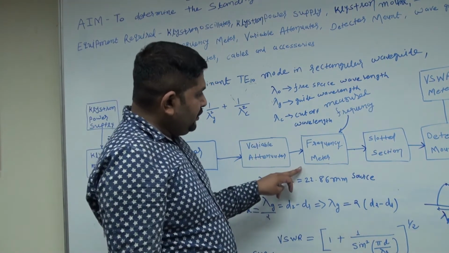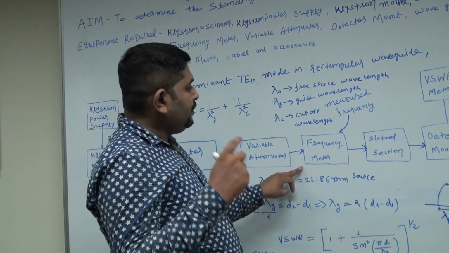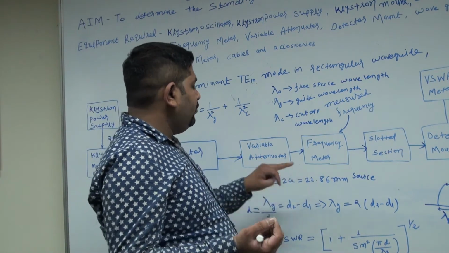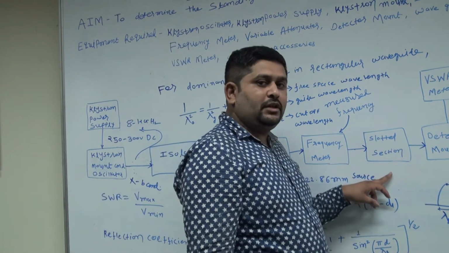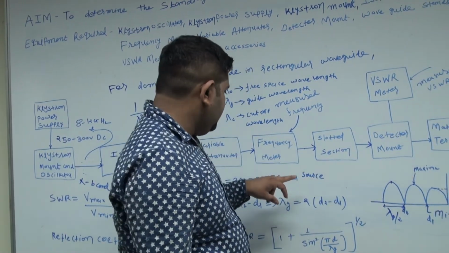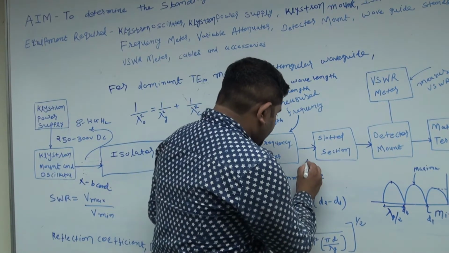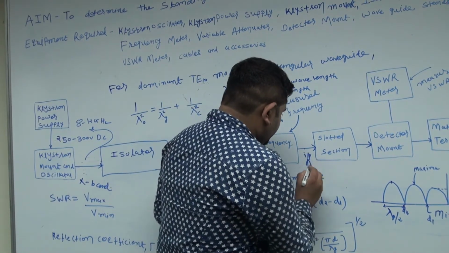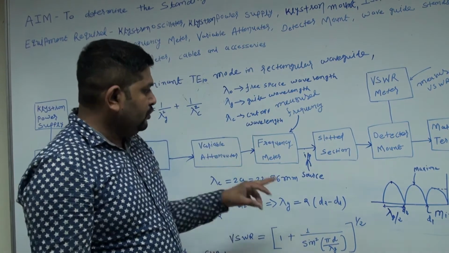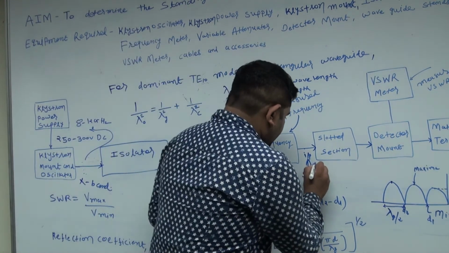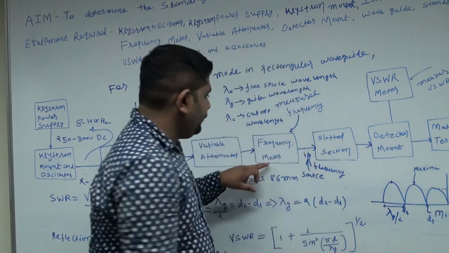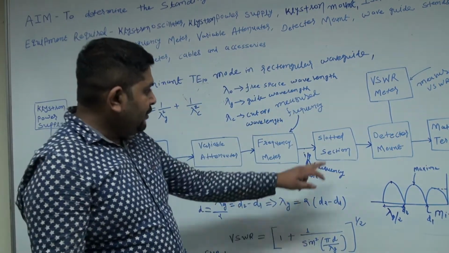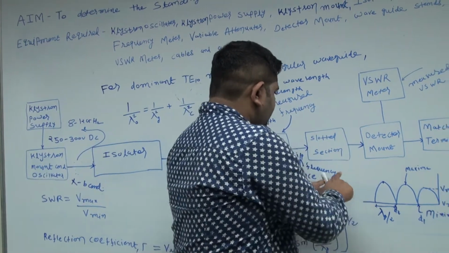And the frequency meter is used to measure the input frequency of the microwave test bench, and here we use the slotted section as a transmission line. Our input source is ready, and the input frequency is determined using the frequency meter, and the slotted section is our transmission line.